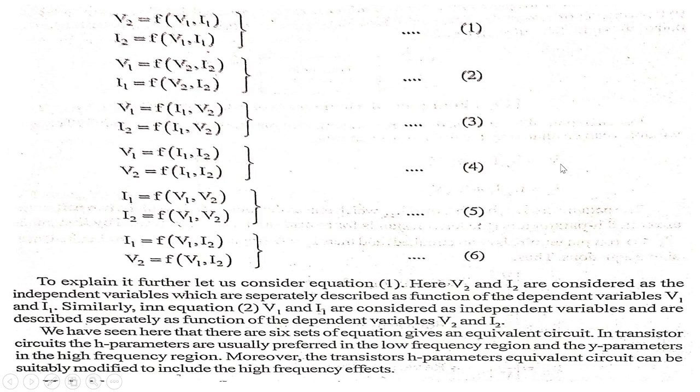So here in equation 2, V1 and I1 are considered as independent variables and are described separately as functions of the dependent variables V2 and I2. We have seen here that there are 6 sets of equations, each giving an equivalent circuit.